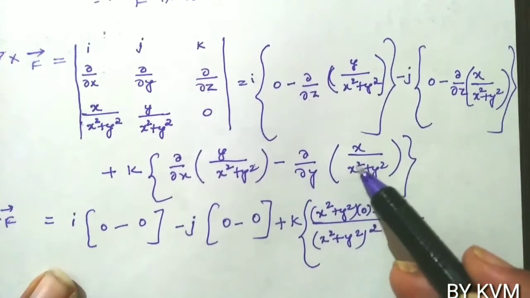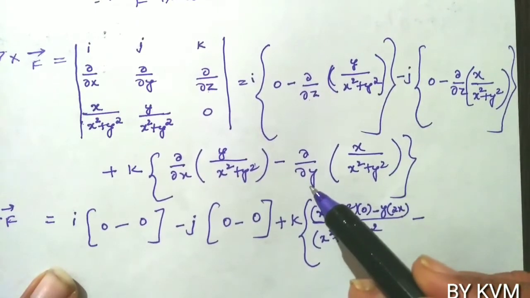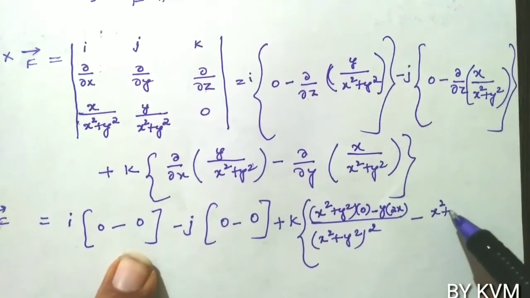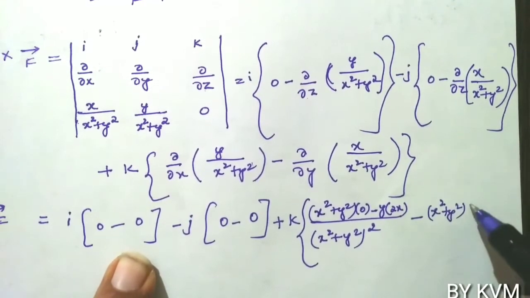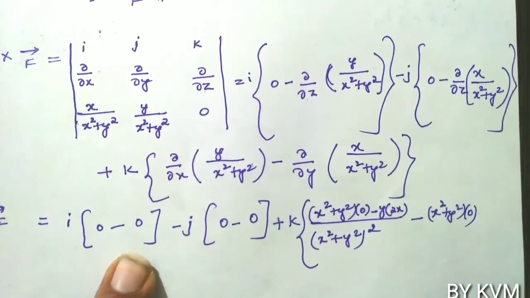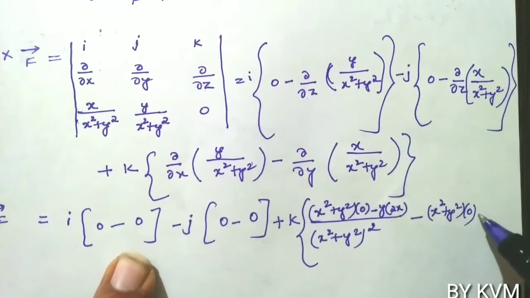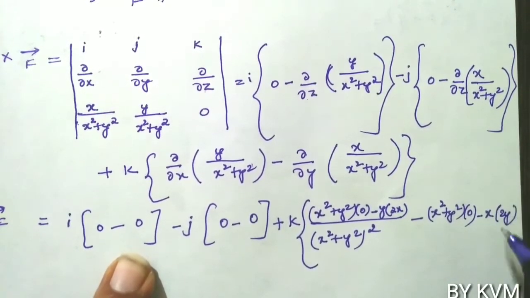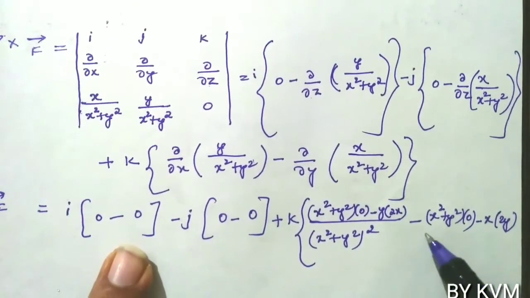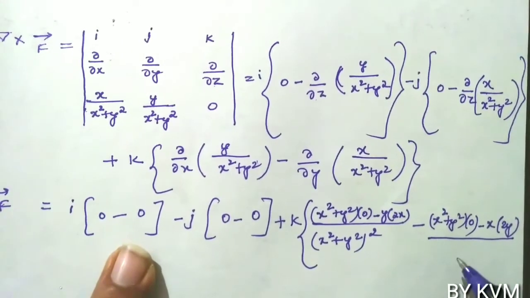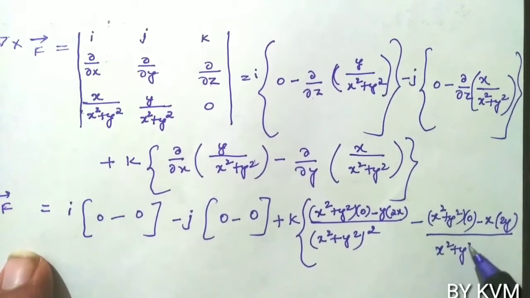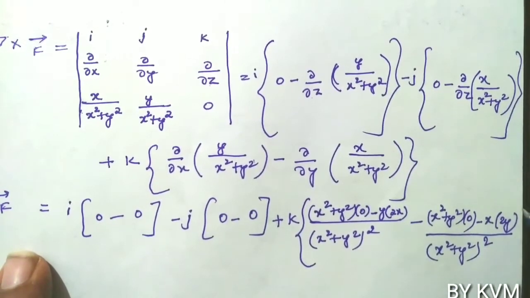So here we have to differentiate this term partially with respect to y. So x is constant. So (x² + y²) into 0 because x is constant, minus x into 2y by (x² + y²)².